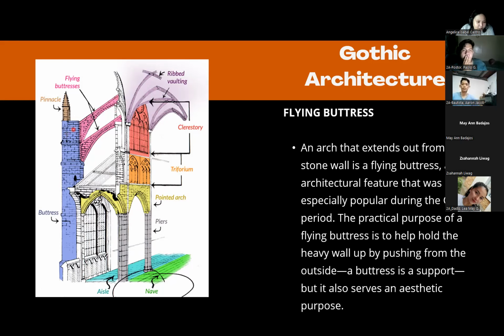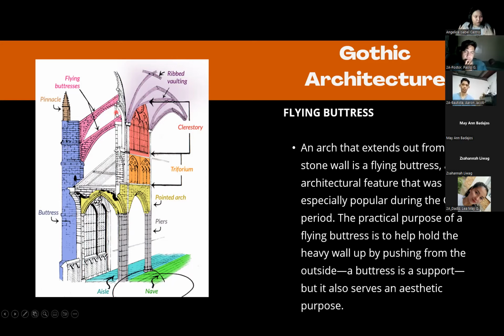Ang function niya is, what structural subject or civil engineering subject are you taking now? Okay, basic physics. To every force or every motion, there's an equal and opposite reaction. So, kung nagbababa ng force from the vault, we don't even know the rib vault as of now, yung downward force ng vault, kina-counter siya ng flying buttress.